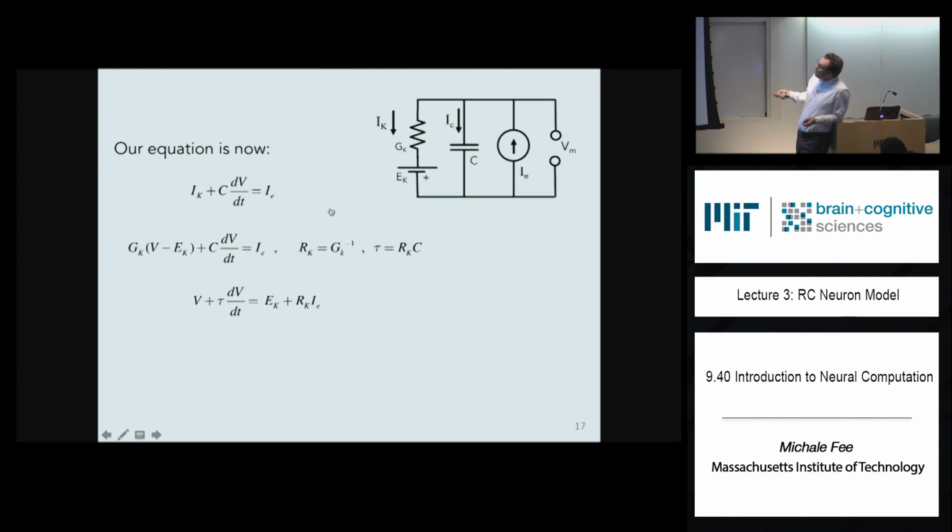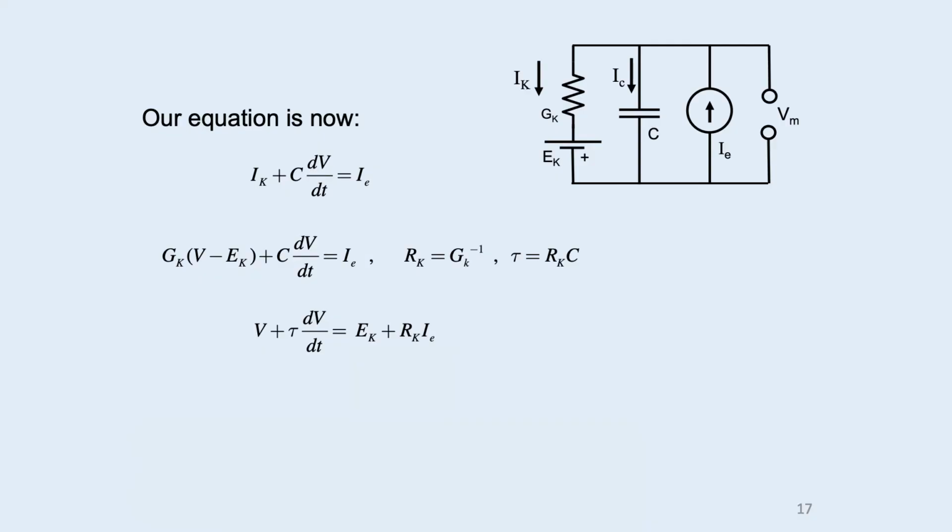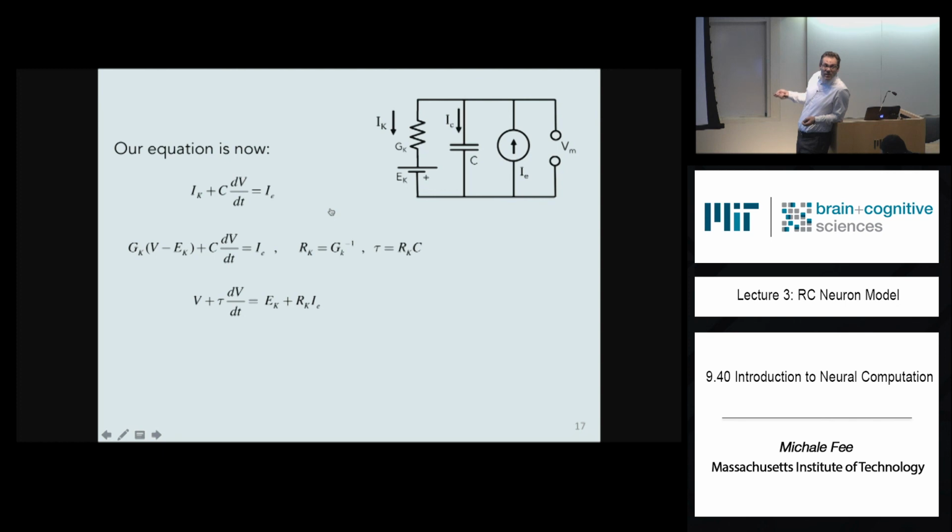We're going to write this down as V plus tau dV/dt equals EK plus RK IE. Okay, so what is that? Guess what that is? Very good.